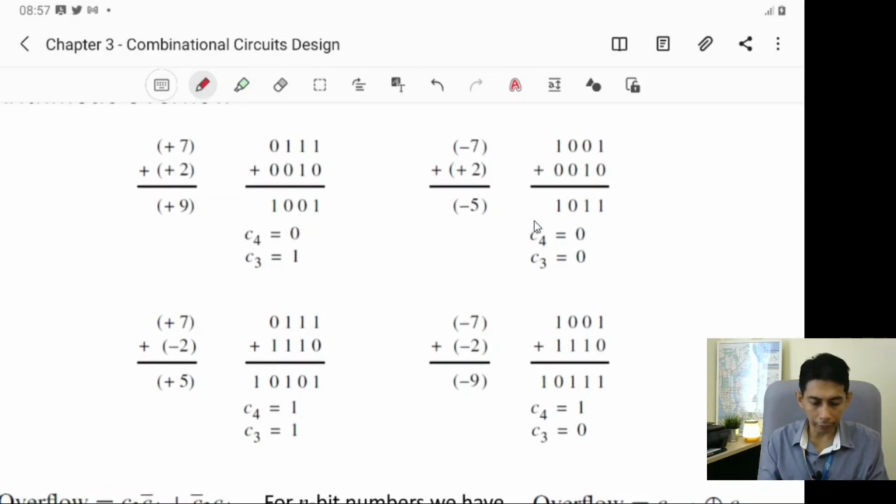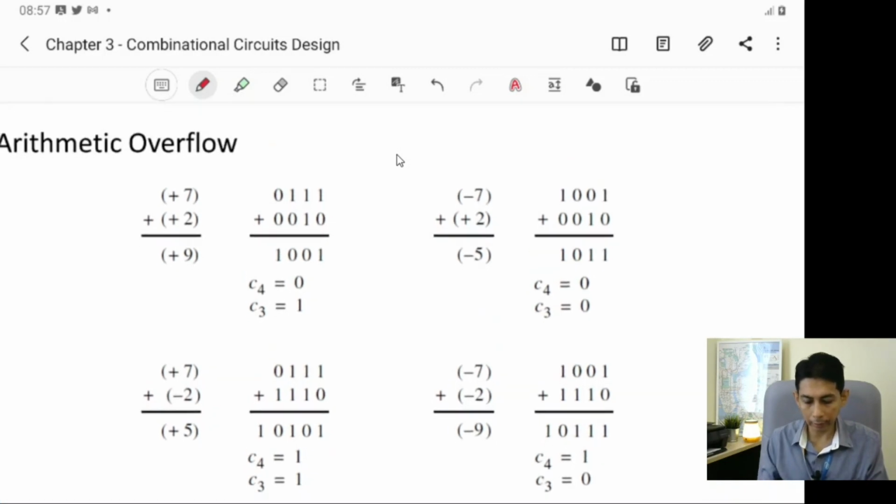Look at the first example. Our system is 4-bit. Remember this. Before that, the equation is this: how to know what range our system can handle.